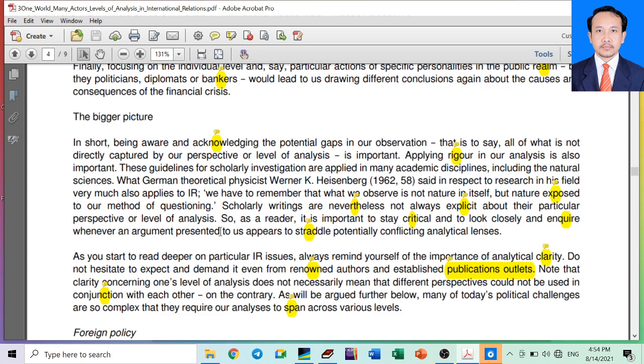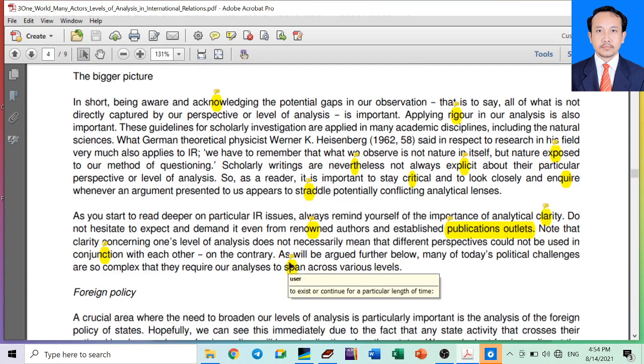perspective or level of analysis. So, as a reader, it is important to stay critical, to look closely and inquire whenever an argument presented to us appears to straddle potentially conflicting analytical lenses.